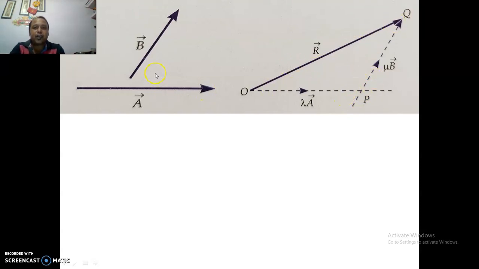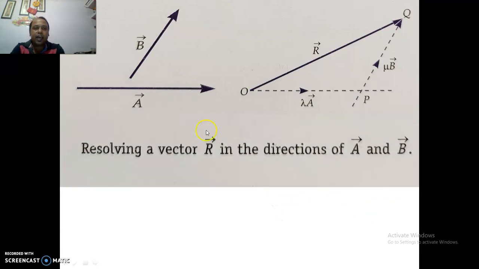Now the directions of vector a and vector b are the same as OP and PQ. So from the triangle law of vector addition we can write vector OP plus vector PQ is equal to vector r. So now we have to resolve this vector r in the directions of vector a and vector b.